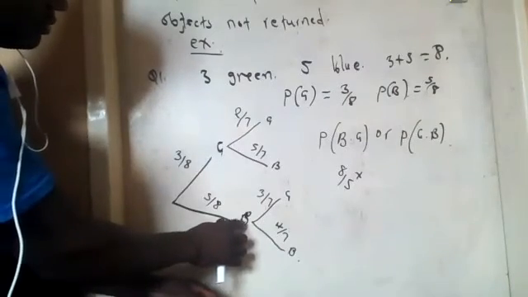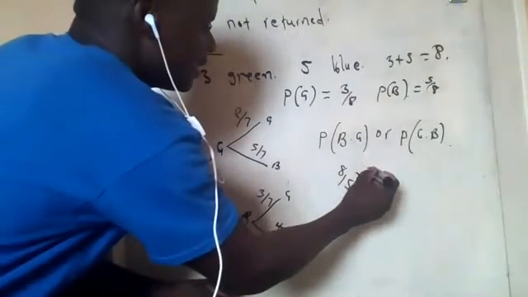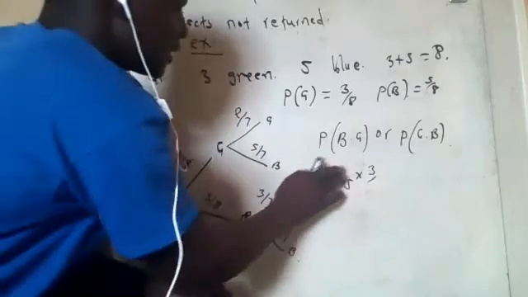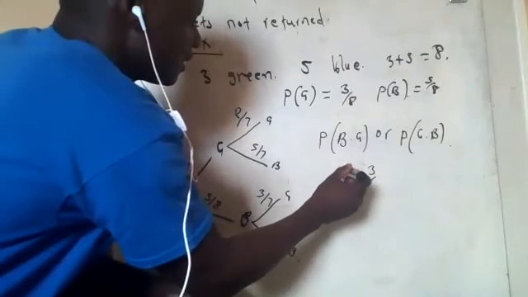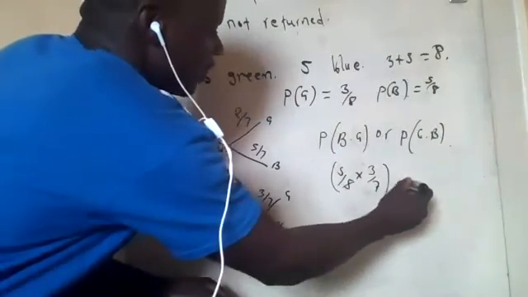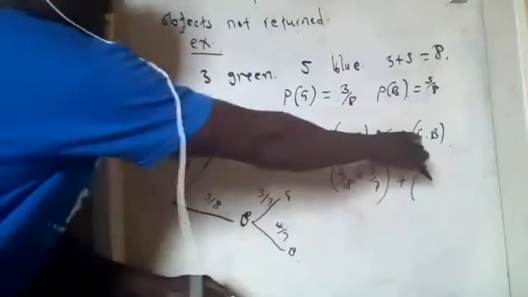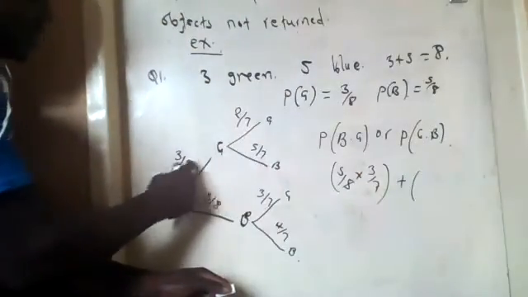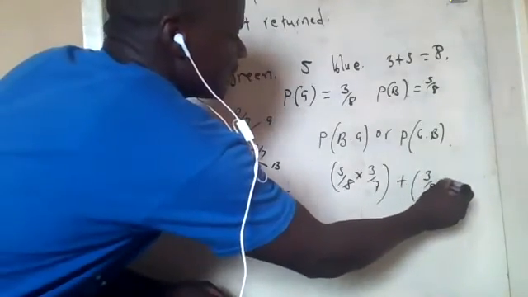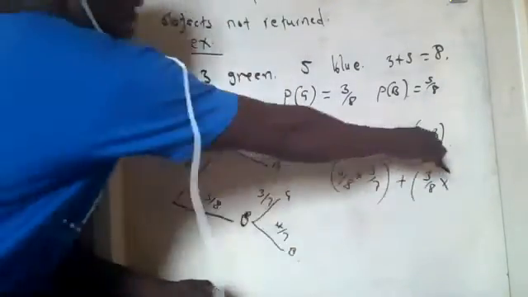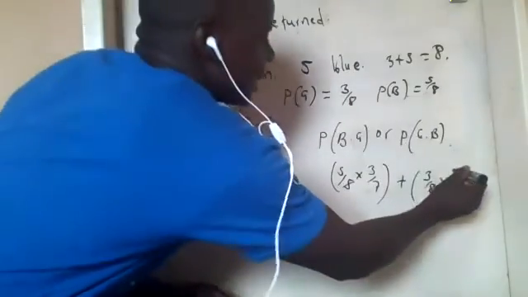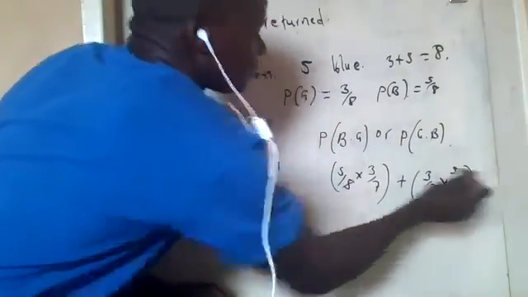So this is blue, then green will be 3 over 8, sorry, over 7, or we're going to add, then now this is green. So you go to the green branch, which is 3 over 8, by now the blue is this one here, which is 5 over 7.